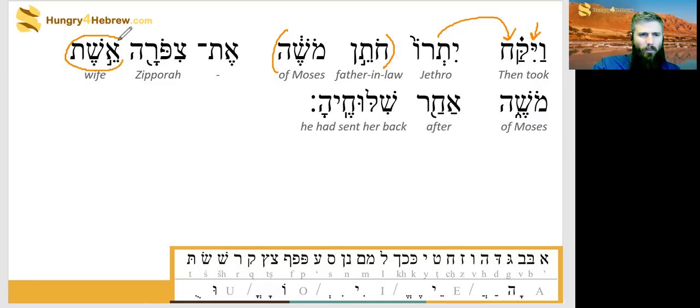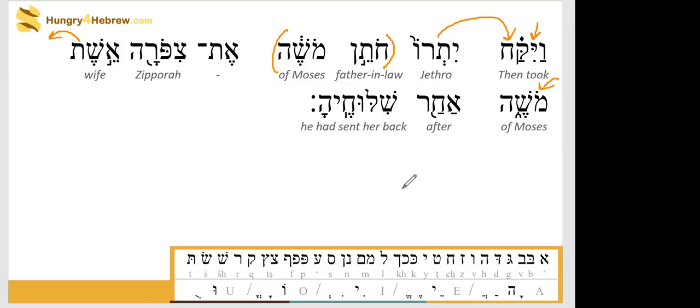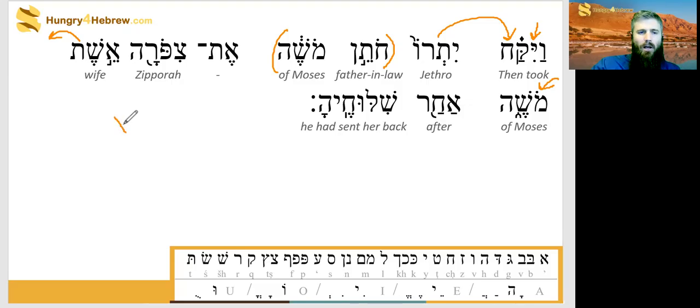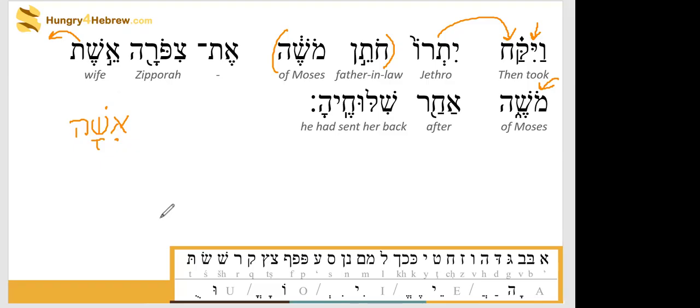Eshet. What's the absolute form of the word Eshet? This is in construct with Moses, wife of Moses. Isha. So what's the absolute form? Isha. Is this how you spell Isha? It needs a doubling dagesh.